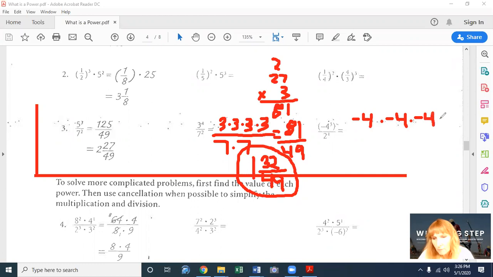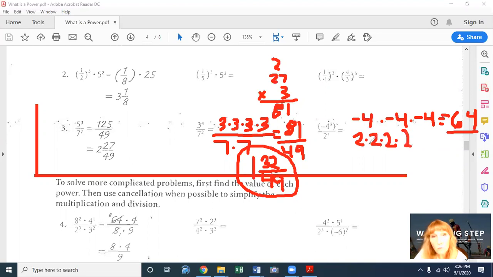And we should know that one pretty good now because we've done a few of these. 4 times 4 is 16, that's positive. Times the negative 4 is 64 negative. 64 negative on top. And on the bottom, we've got 2 to the 4th power. So that's 2 times 2 times 2 times 2.